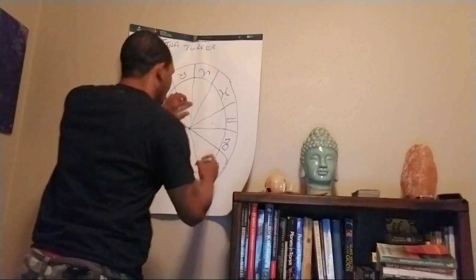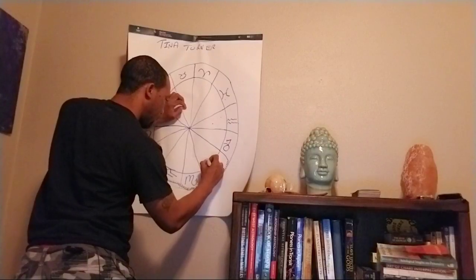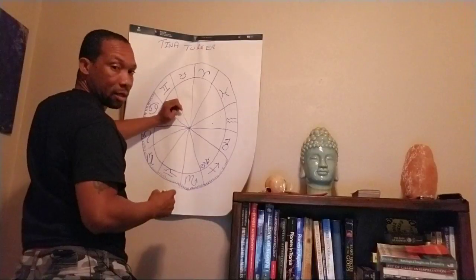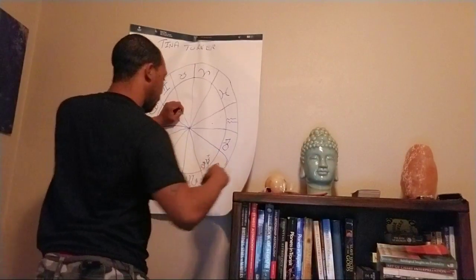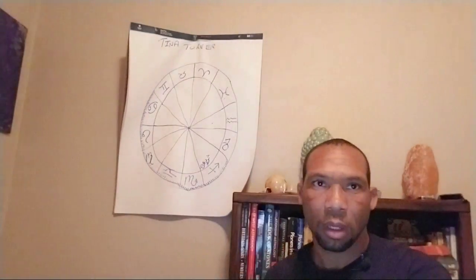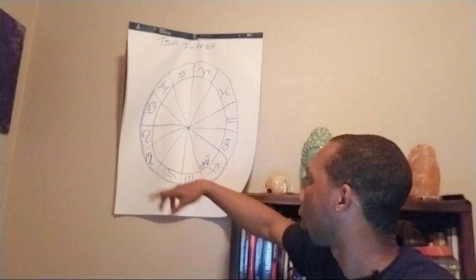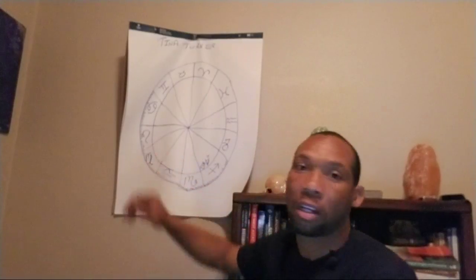She also has her Mercury, which is drawn like this, at 7 degrees. Mercury. Okay, so we're gonna focus on the minutes. So she has her sun at 4 degrees and her Mercury at 7 degrees.